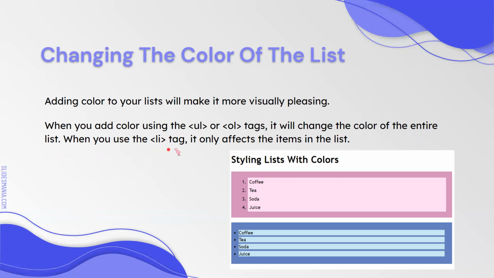When you use the LI tag, it only affects the items in the list. You can see right here, they probably used the UL or OL here, and probably here they used LI. You can also see there are probably margins here because there are gaps.